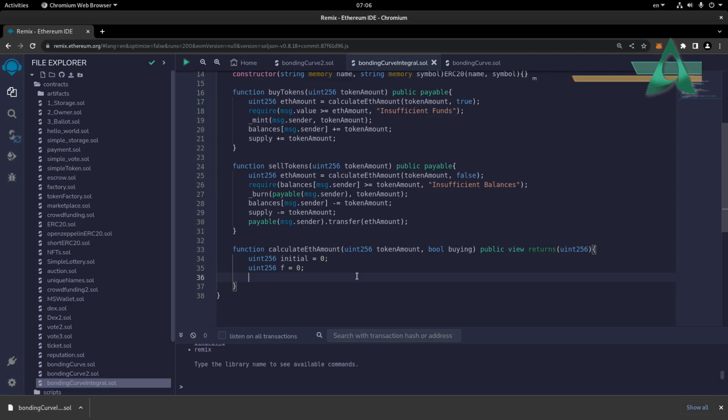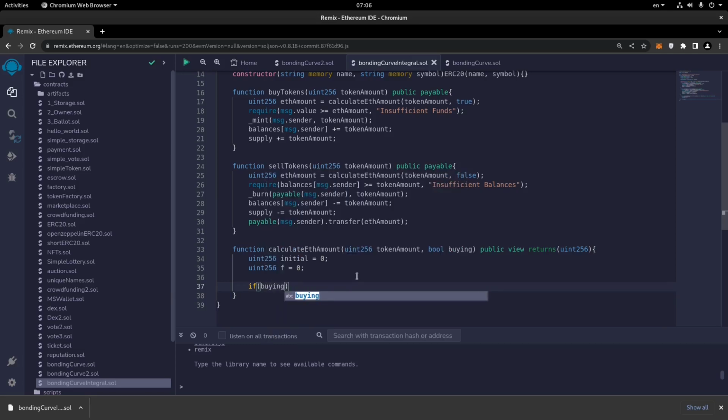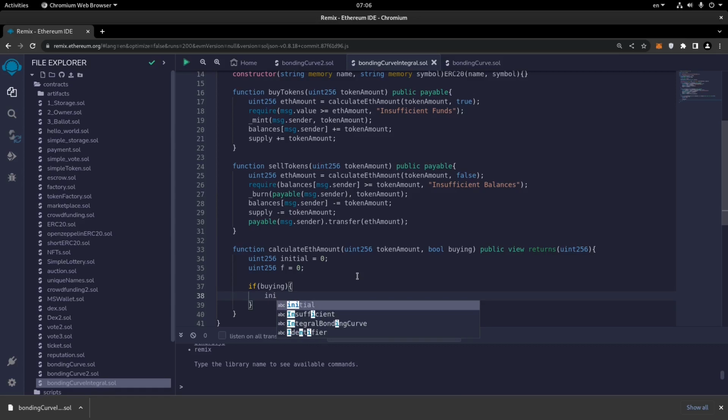So anyway, we have the initial value and the final value, and then we'll check whether we're buying or selling. So if buying, which means if buying equals true, which means if we are buying, then open the brackets. What we're going to do here is write initial.